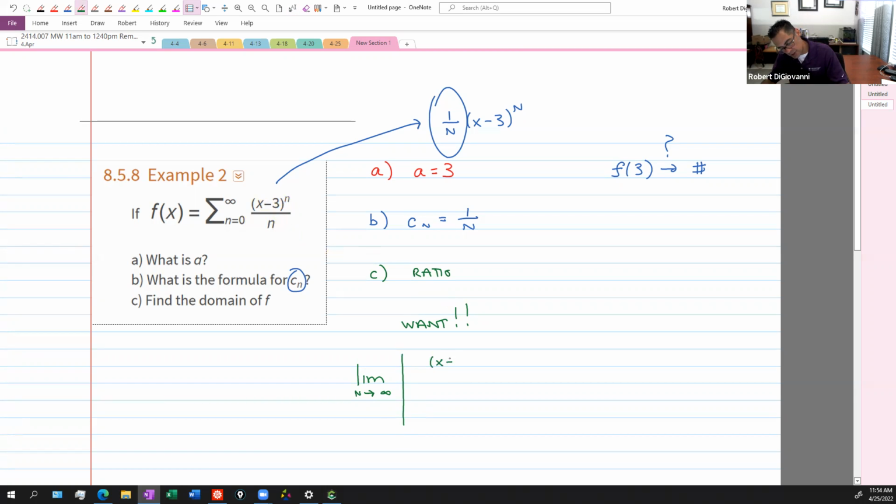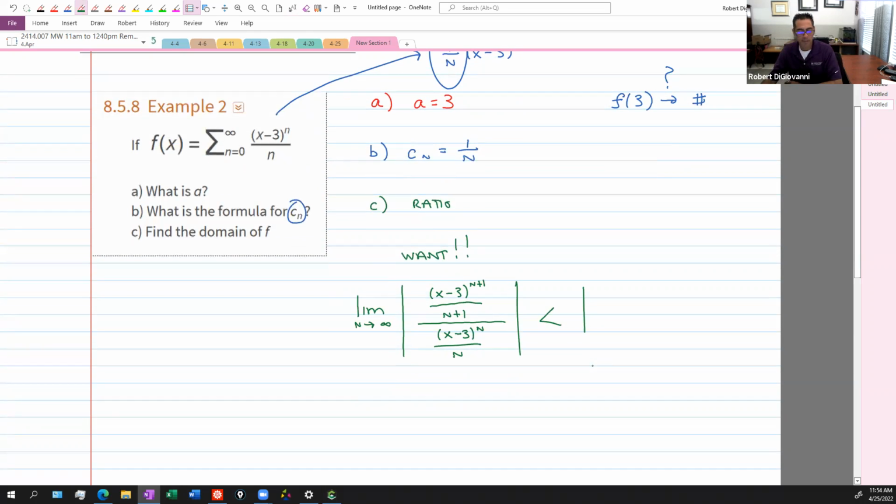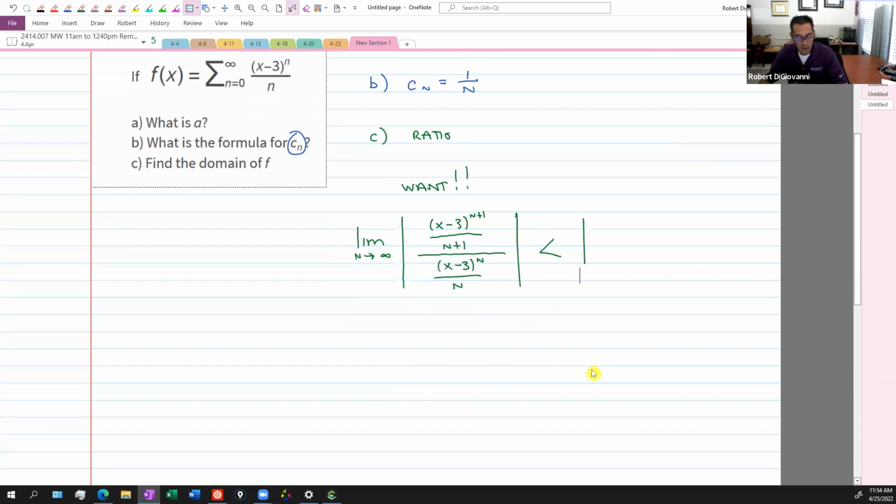So I take x minus 3 to the n plus 1 over n plus 1, and then divide that by the formula with just n's instead of n plus 1s. And I want that to be less than 1.